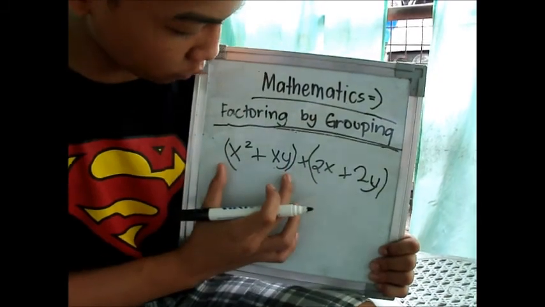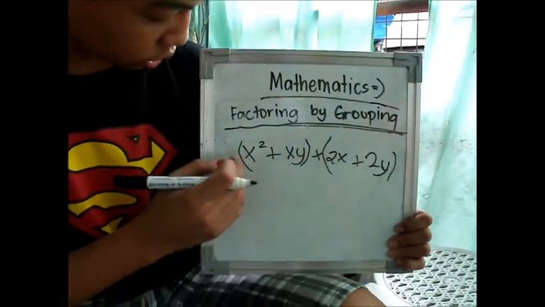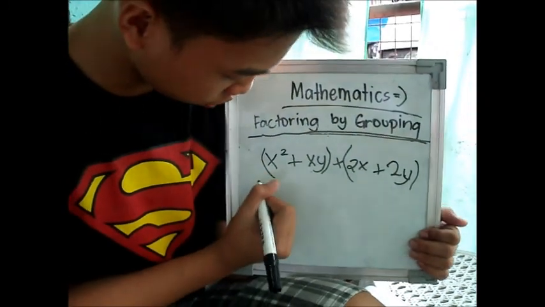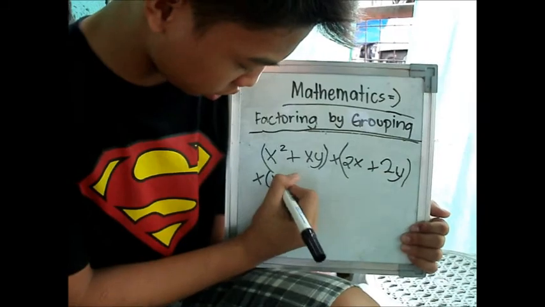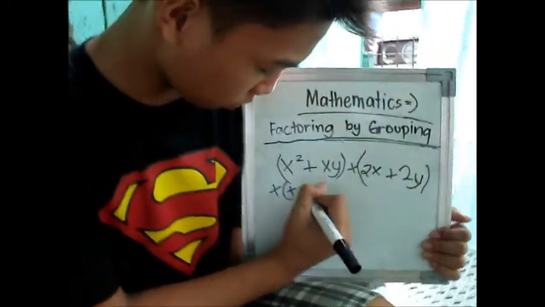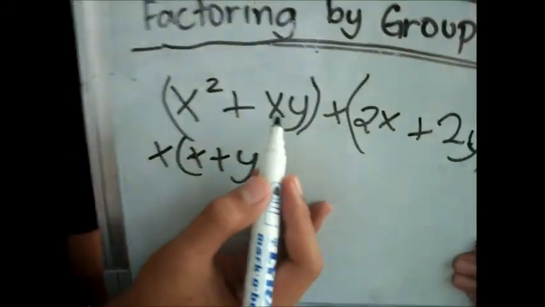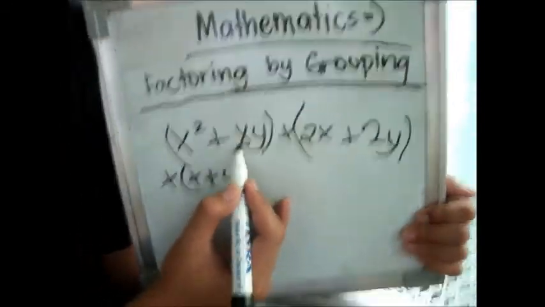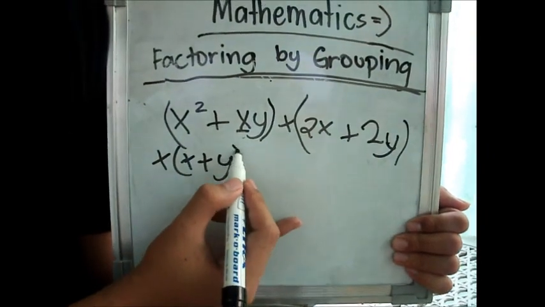First, the common factor is this x, so we'll take out the x outside the quantity, so the answer will be x and x plus y. Because you take the x outside, the answer is x plus y.